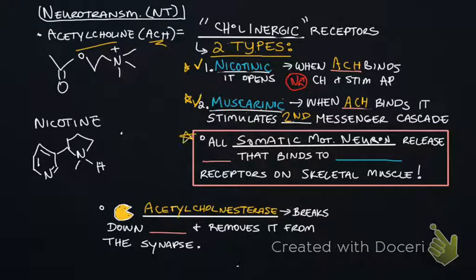It's also worth noting that all somatic motor neurons release acetylcholine that binds to nicotinic receptors on skeletal muscle. So make sure that you know that for sure. And this is what we saw when we went over the muscle chapters.